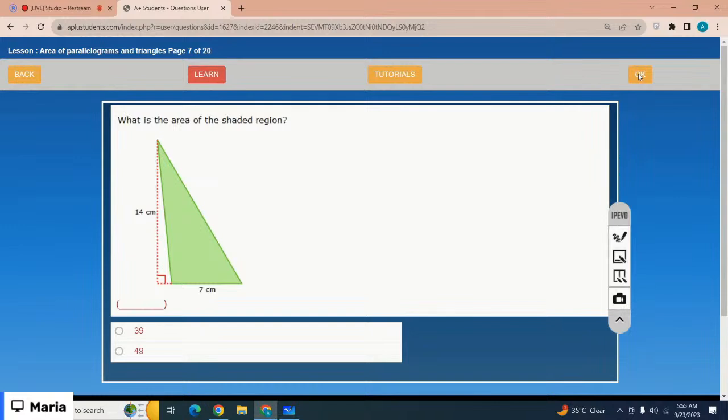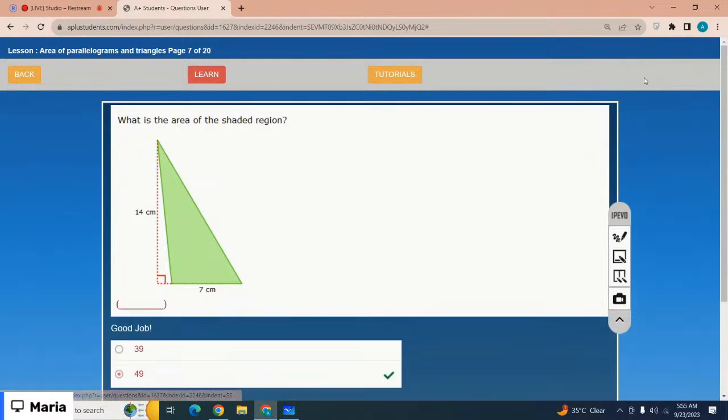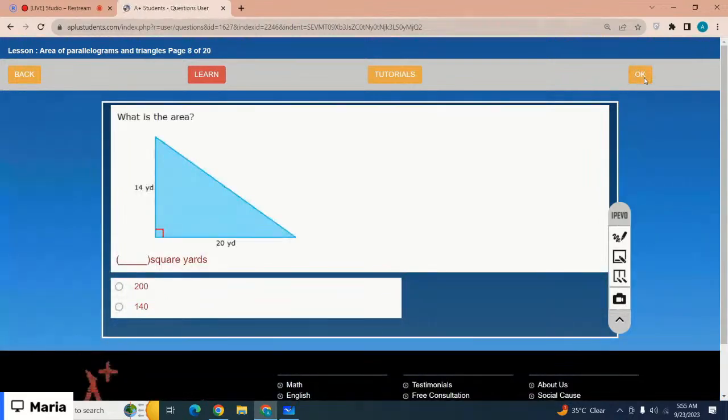That would be 49. The correct option is 49. Okay, what is the area?